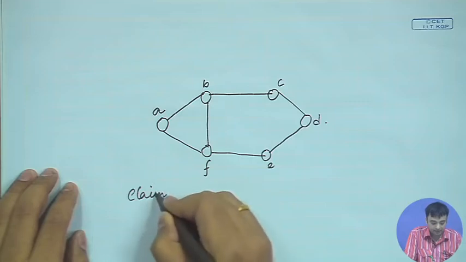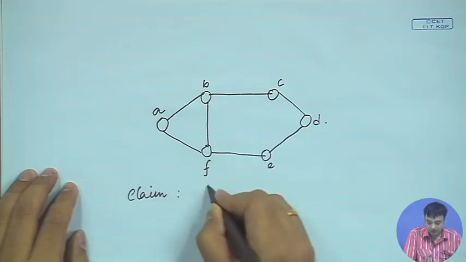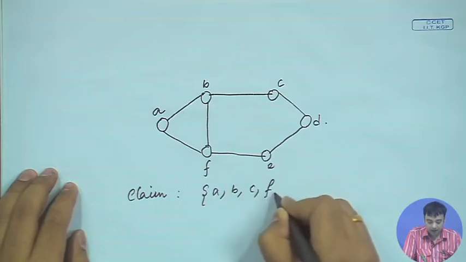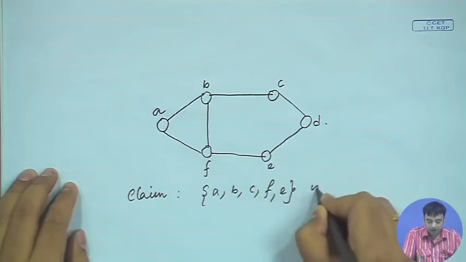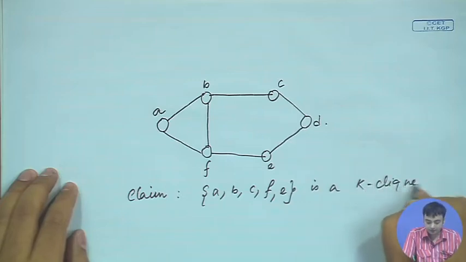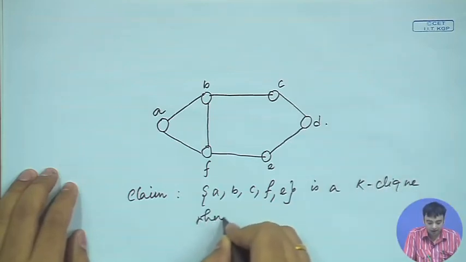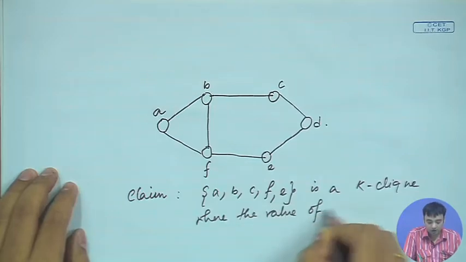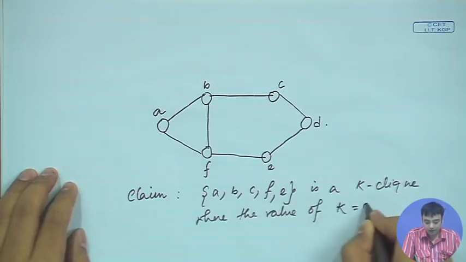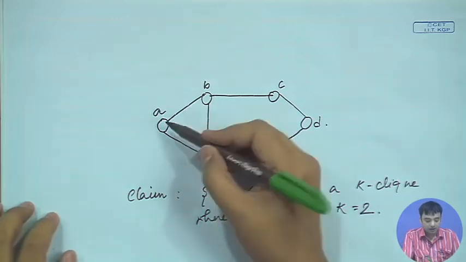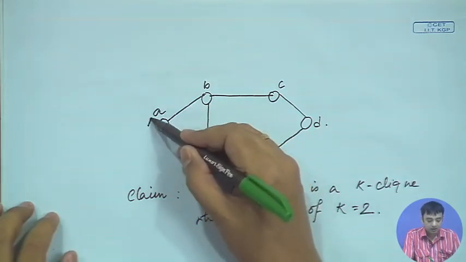The claim is that A, B, C, F, E is a K-clique where the value of K is equal to 2.